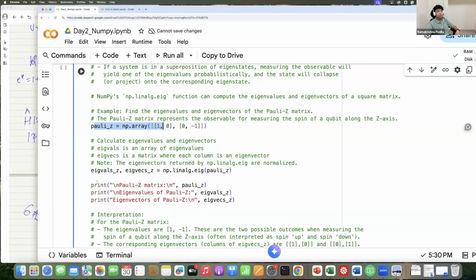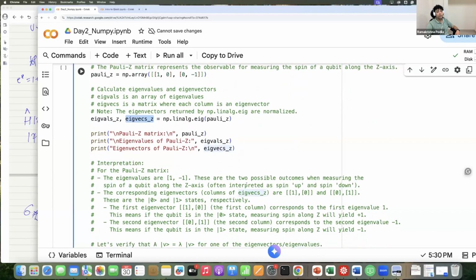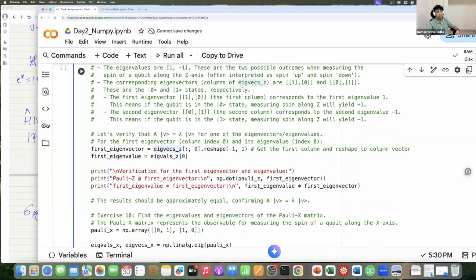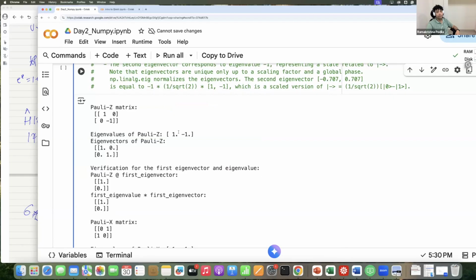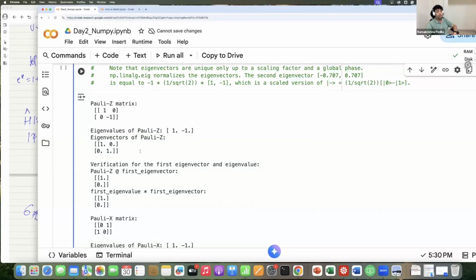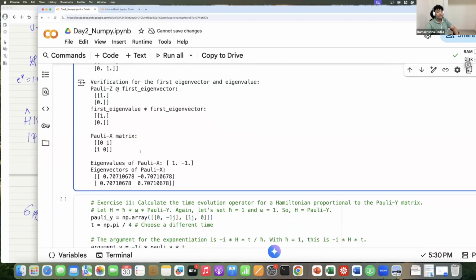You can compute these eigenvalues and eigenvectors; that would be the output of the function EIG. We can run that and verify. So you get the eigenvalues 1 and minus 1, and the eigenvectors are 1, 0, which is the 0 vector, and 0, 1, which is the 1 vector.